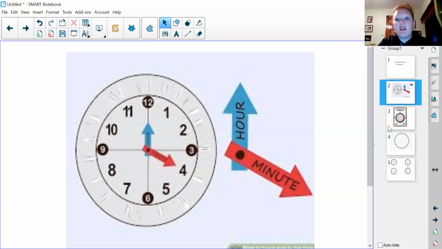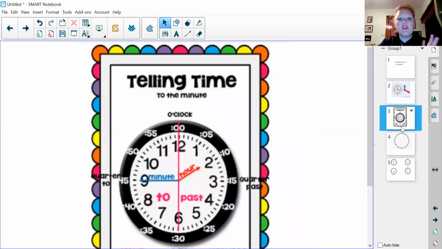So there are some different things I want to talk to you about with the clock. These numbers, the 12 and then 1, 2, 3, 4, 5, 6, 7, 8, 9, 10, 11, these bigger numbers here are the hours. So it tells you what hour you're in. And then each hour, like above the 1, we start counting by 5.